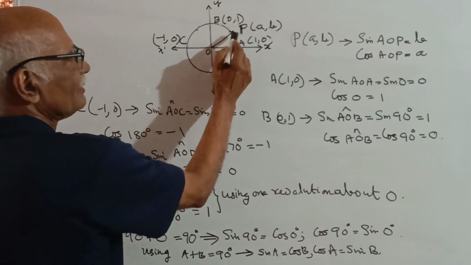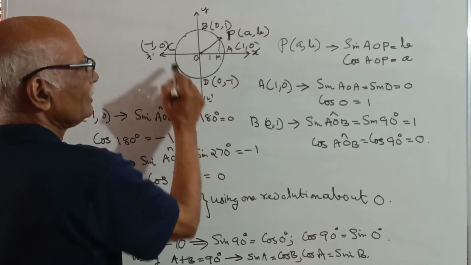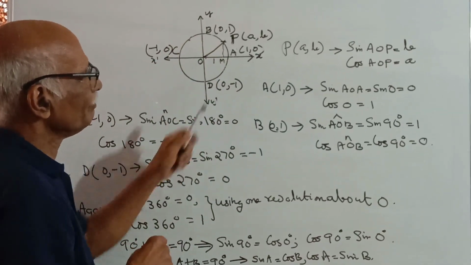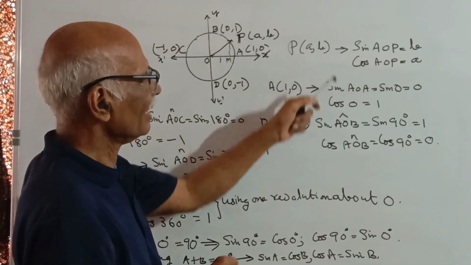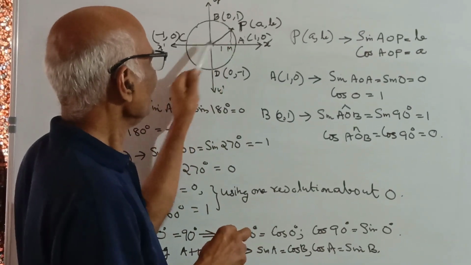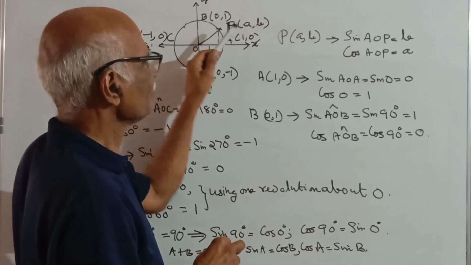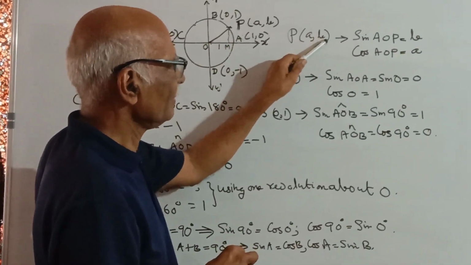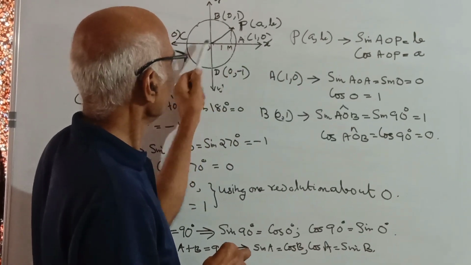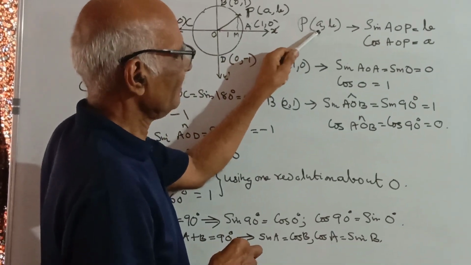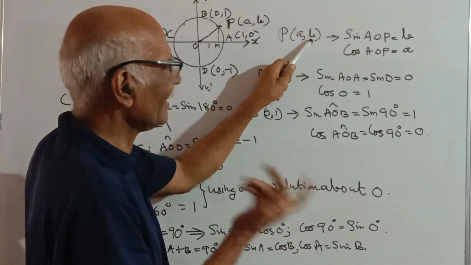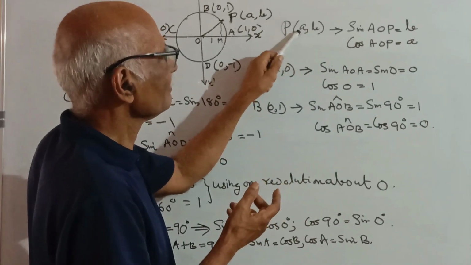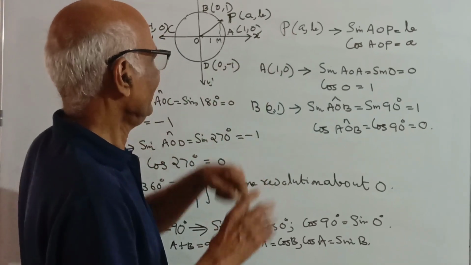Now P is the point (a, b) on the unit circle. If P is the point (a, b), we have seen sin of P is b, this y coordinate, and cos of P is a. Always sin goes for the y coordinate, cos goes for the x coordinate.